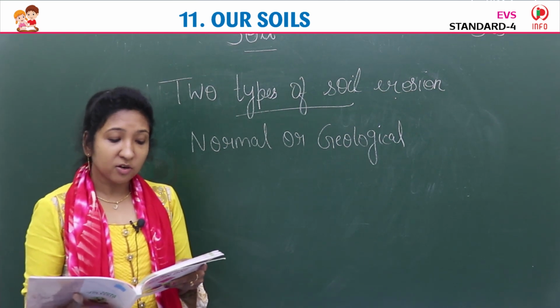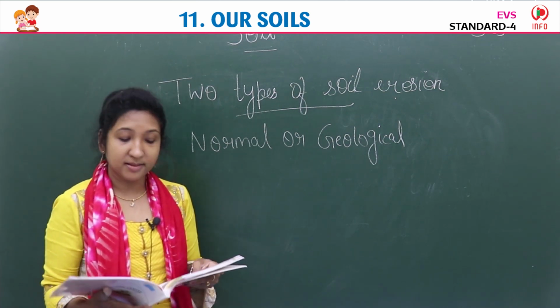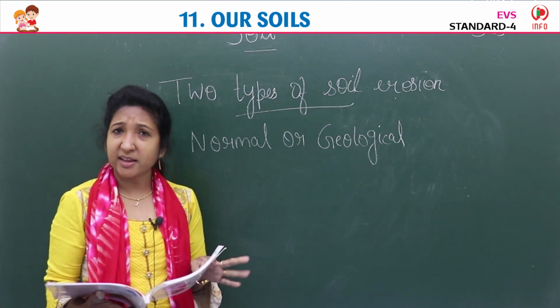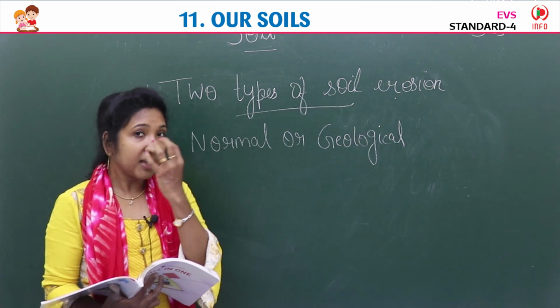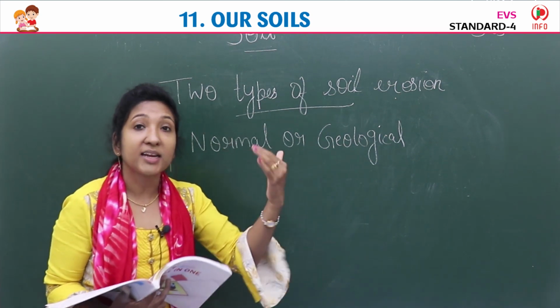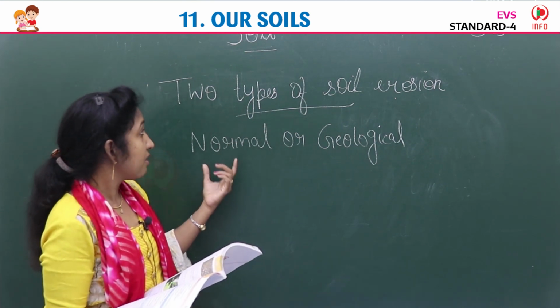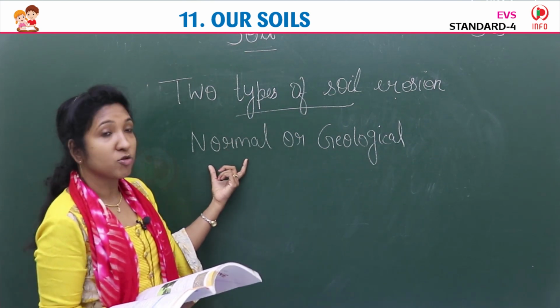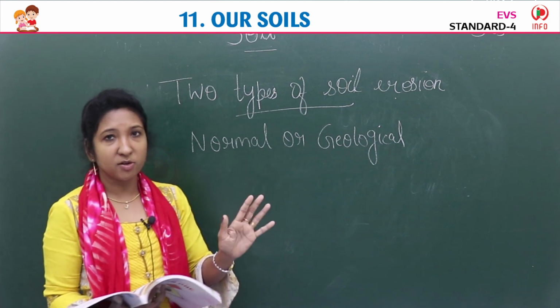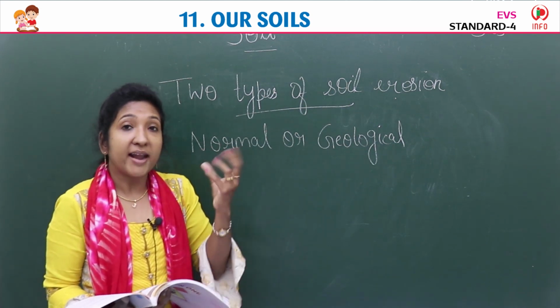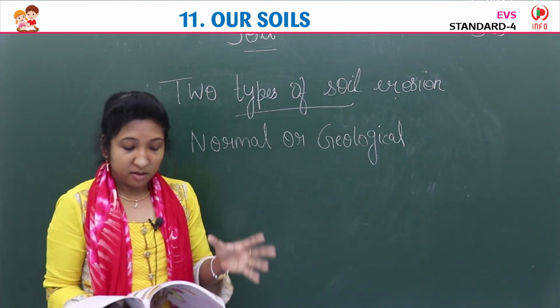Erosion effects are not visible on the land surface, nor is soil productivity adversely affected. With our naked eye, we won't be able to see what really happened. It's not visible actually. That is the effect in this type of soil erosion, which is normal. It is normal only. That erosion happened, but we won't be able to know.